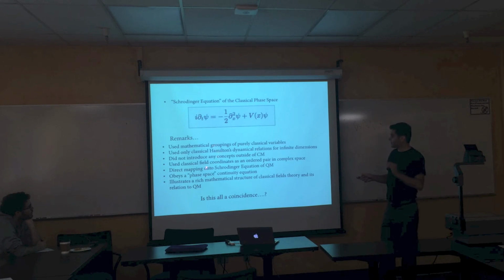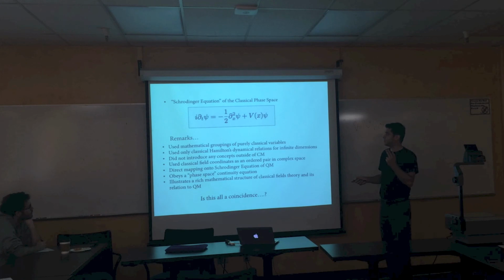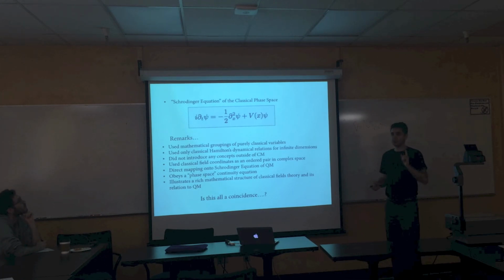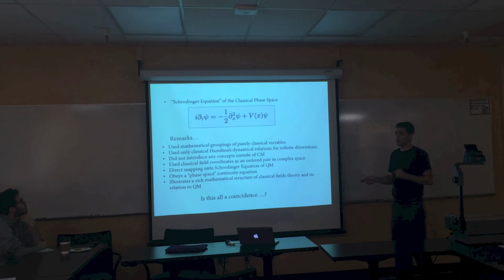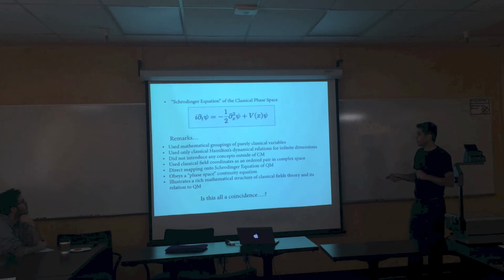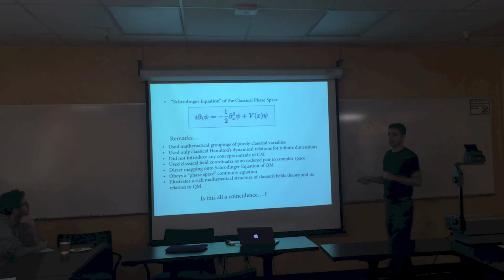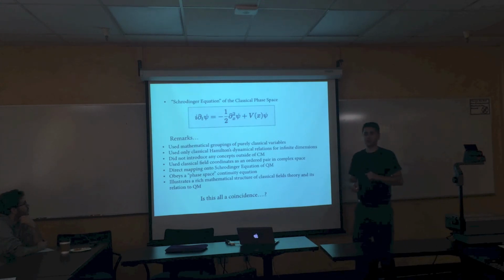A crucial concept was the ordered pair, because we need two fields here. We need psi 1 and psi 2. This formalism cannot be done with just one field. And we have demonstrated that a phase space continuity equation is satisfied, and also that perhaps the structure of classical mechanics is much richer than we think.